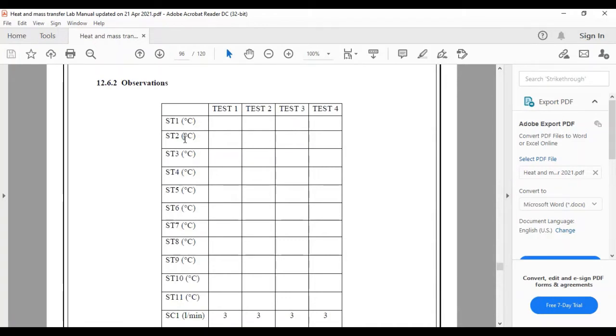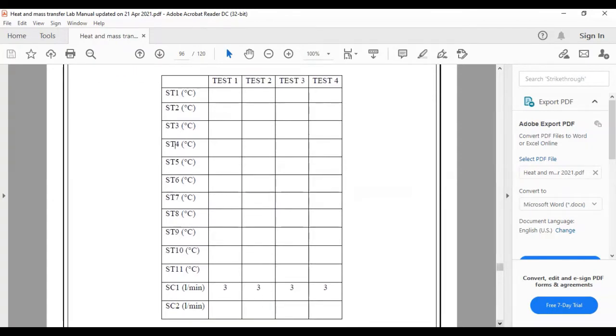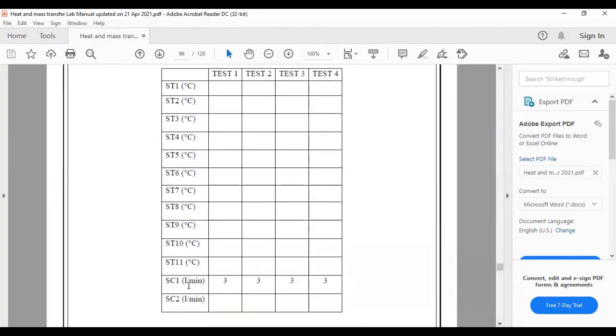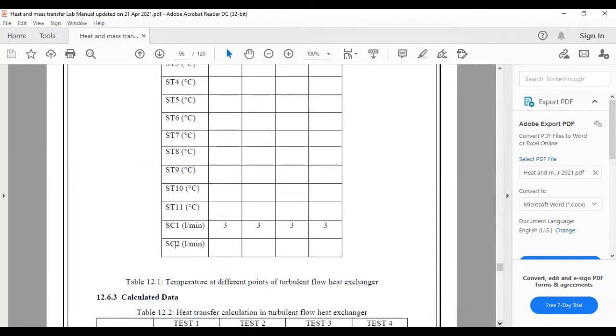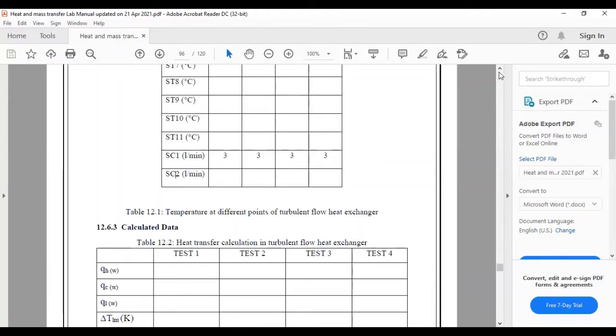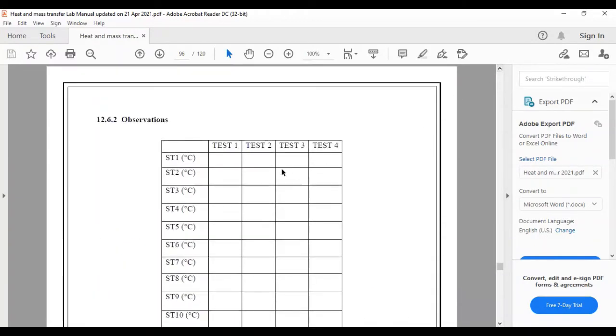Similarly, ST2, ST4, these even-numbered ones, are the sensors which will measure the temperatures of cold water flow at different positions. Similarly, SC1 and SC2 are the flow rate values of hot water as well as cold water. So this will be our first observation table.